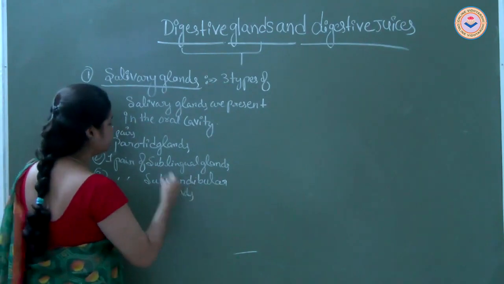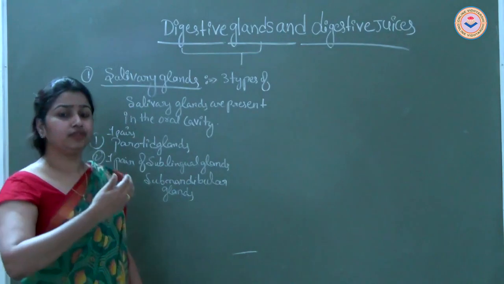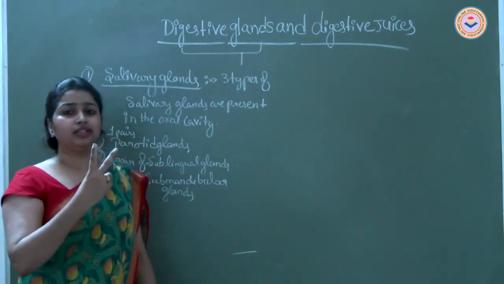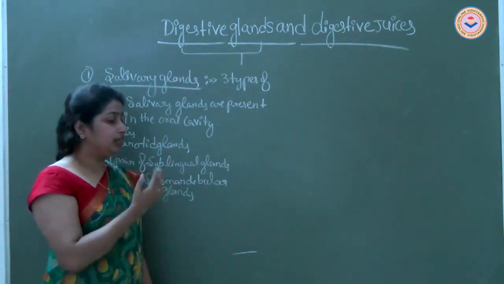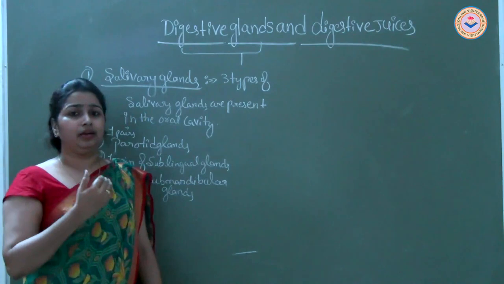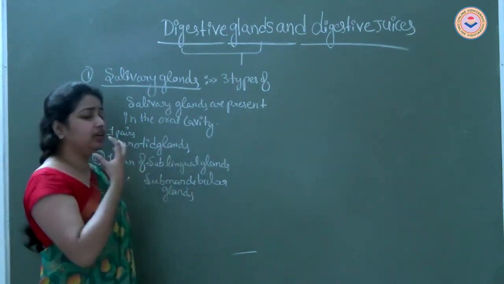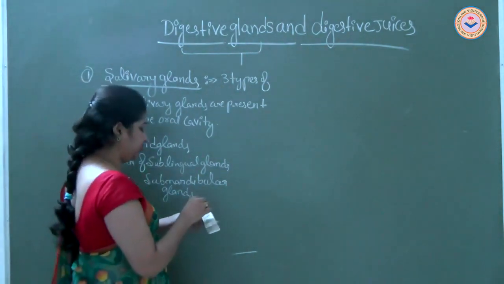So in human beings, how many types of salivary glands? Three types. One is the parotid, the second is the submandibular or submaxillary, and the third is the sublingual gland. Those three are present in the oral cavity. Look here.